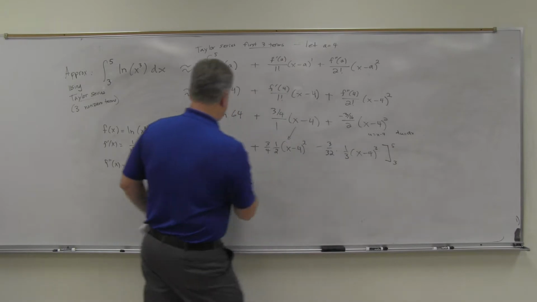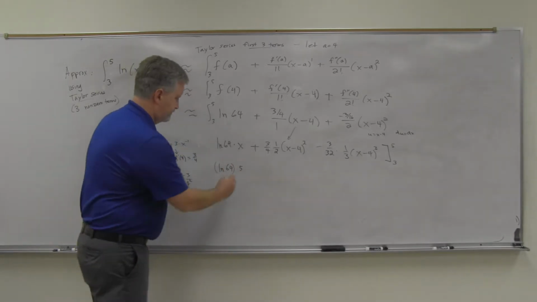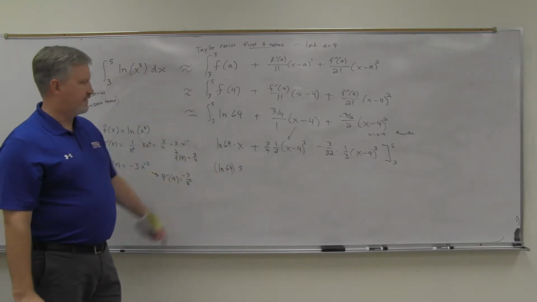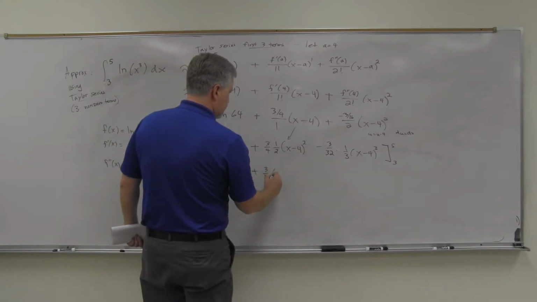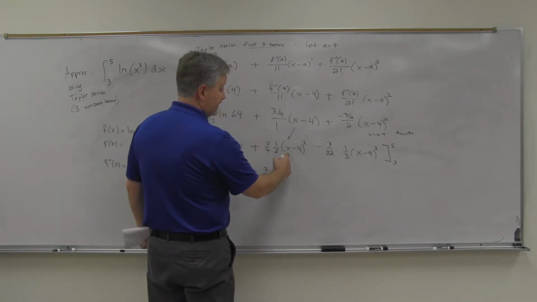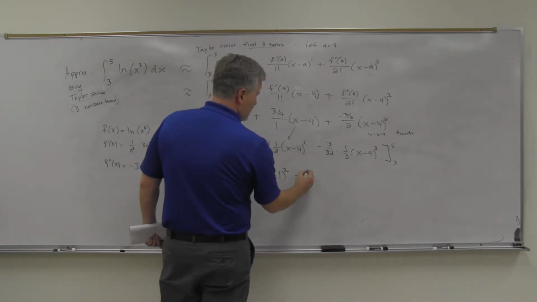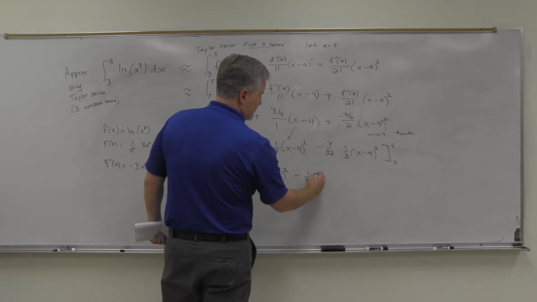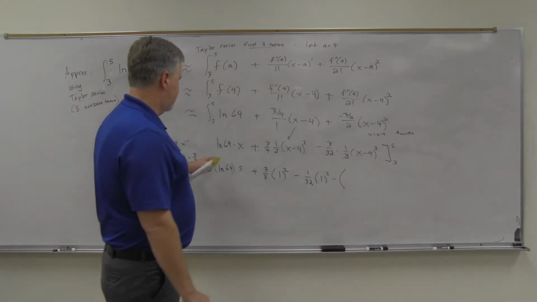All right, so let's plug in 5. So that'd be ln of 64 times 5, plus 3/4 times 1/2 times 1 squared. The 3 is going to cancel, so that's just going to be 1/32. And then 5 again gives 1/3. Just about the same with 3.